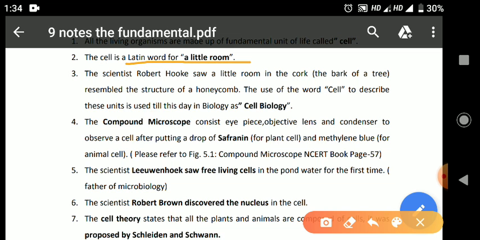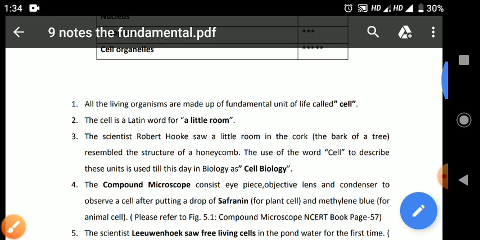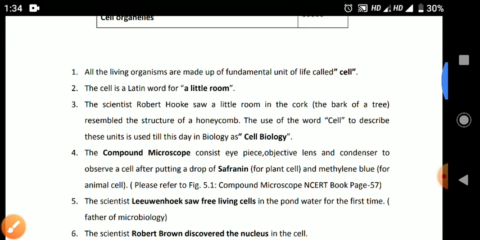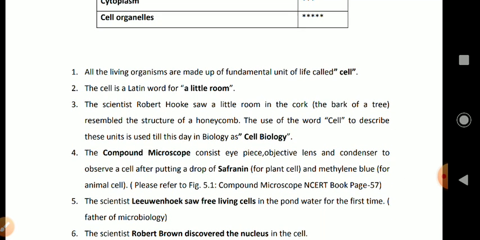The study of cells is known as cell biology. All the living organisms are made up of the smallest structural and functional unit, that is the cell. The word cell is derived from the Latin word meaning little room.